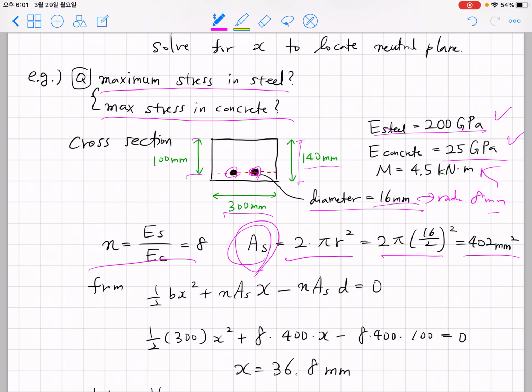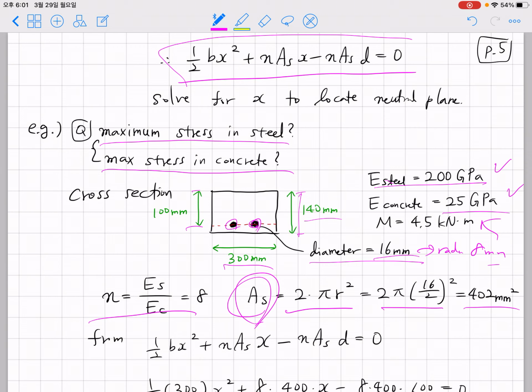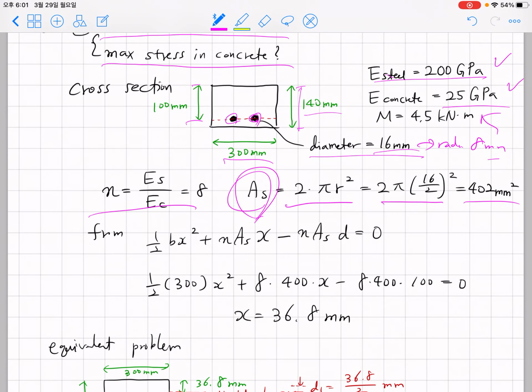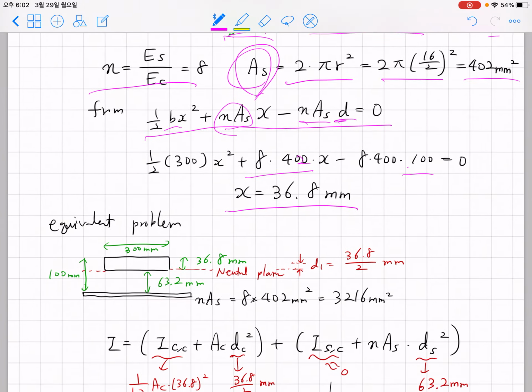If we plug these numbers into the equation that we just obtained a minute ago, b equals 300 millimeter and nAs equals 8 times 402 times d, where d is 100, the distance from the top to the steel rod, we end up having x equal to 36.8 millimeter.